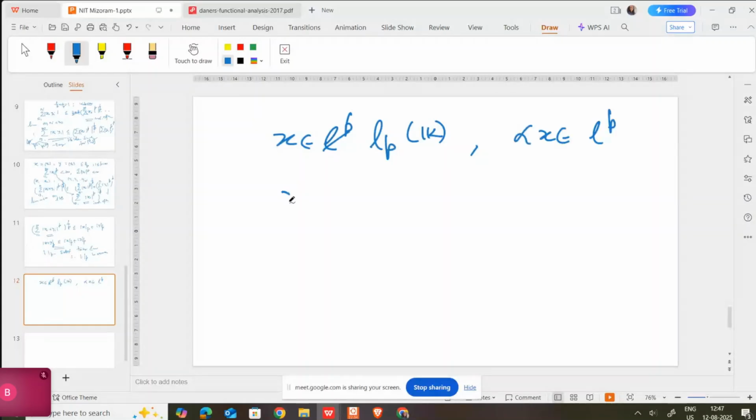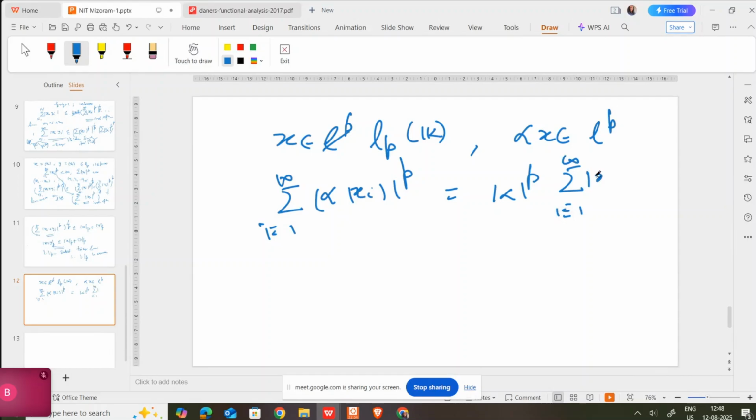Why? Because you take the summation and apply the definition. Alpha times xi, mod raised to p, i equal to 1 to infinity, will be equal to mod alpha raised to p times summation i equal to 1 to infinity, by the definition. Now you raise it to 1 by p.